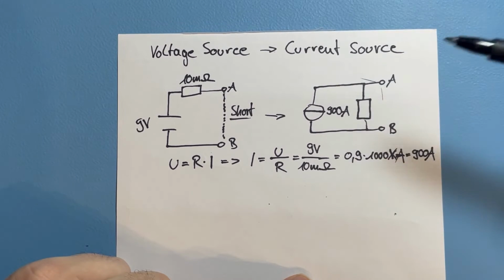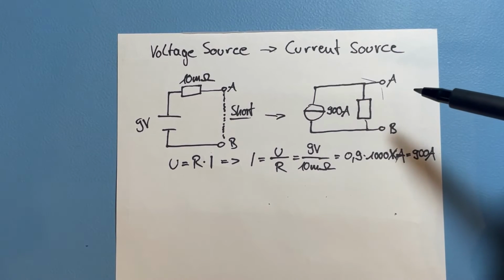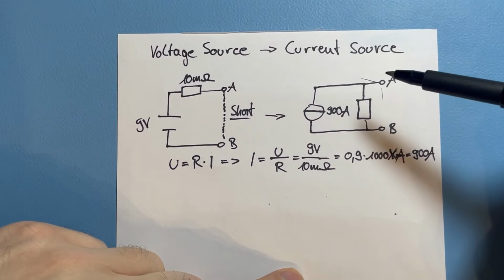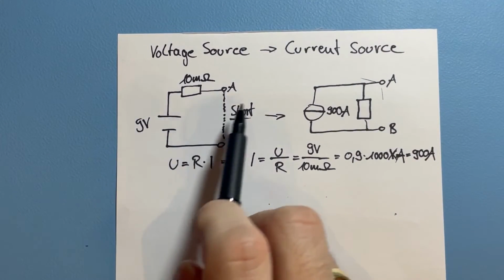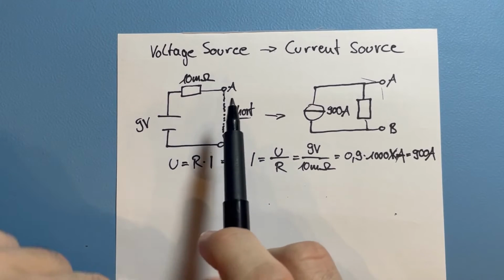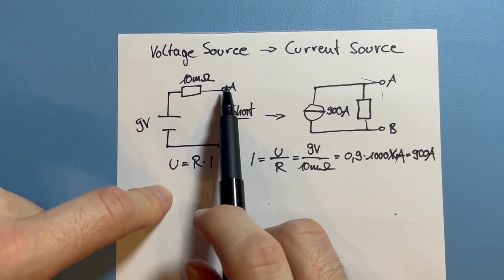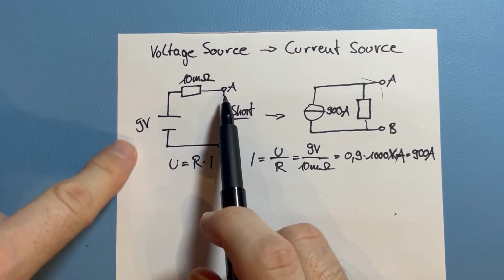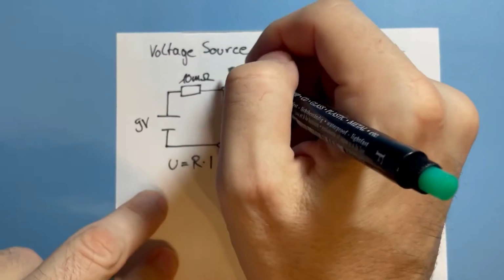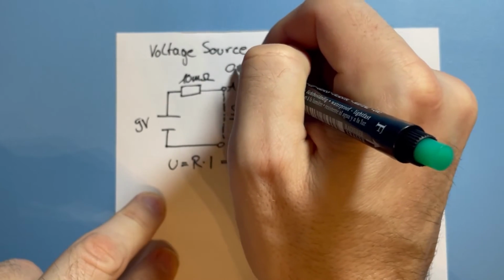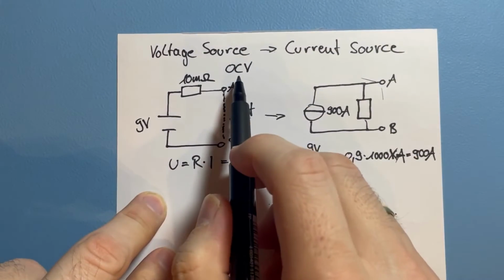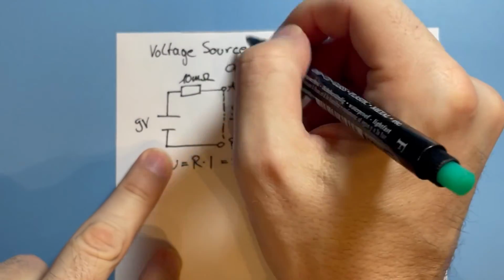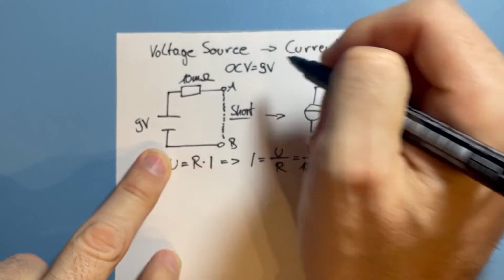Speaking of ampere, and this resistor, the question is, how do we find it? And the answer is, now we think the short is not here, but we ask ourselves, what is the behavior when the circuit is open? So the open circuit voltage of this left circuit, often abbreviated OCV, on the left side, of course, because it's a 9 volt voltage source, is 9 volt.